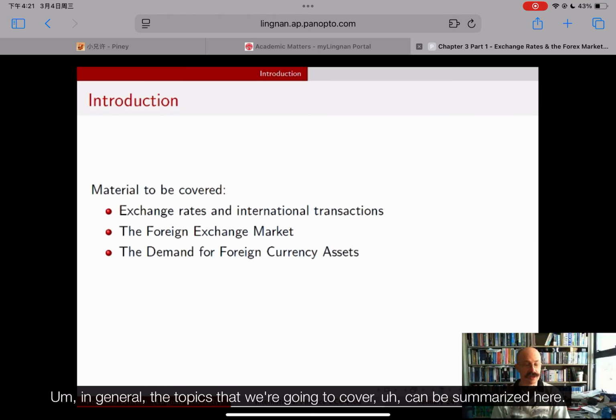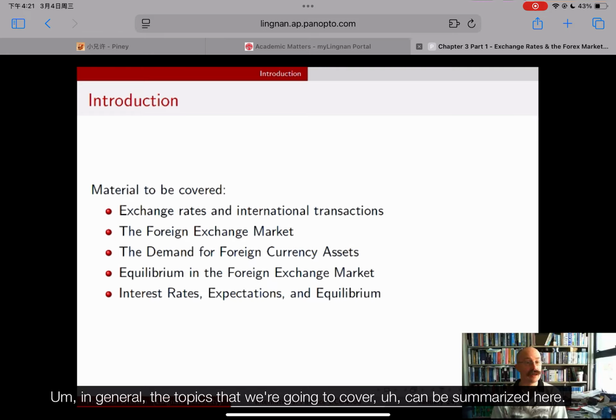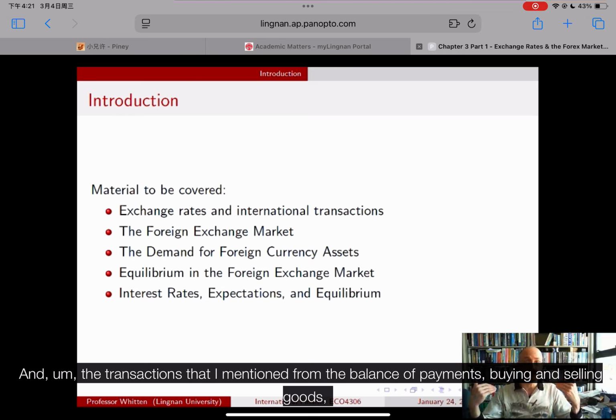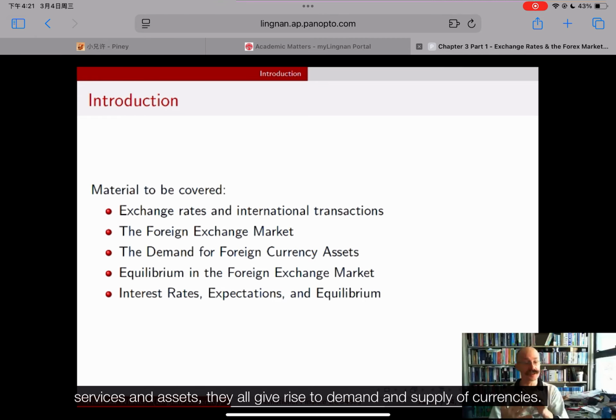In general, the topics that we're going to cover can be summarized here. And the transactions that I mentioned from the balance of payments, buying and selling goods, services, and assets, they all give rise to demand and supply of currencies.